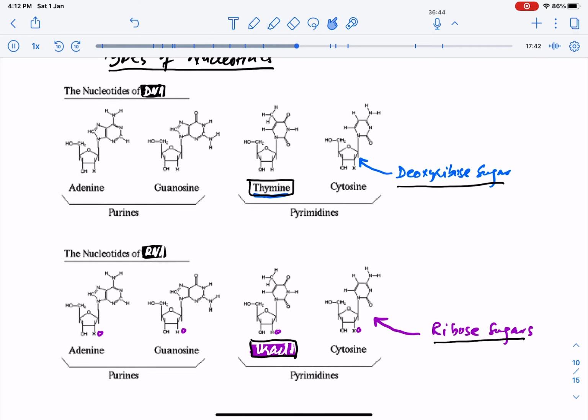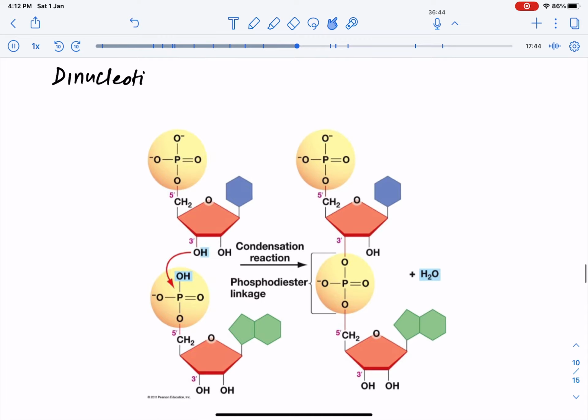Dinucleotides now. A dinucleotide consists of two nucleotides joined together by a linkage in between them, which is called phosphodiester linkage.